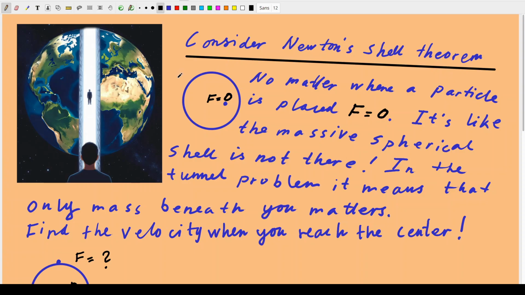one simple way is to use Newton's shell theorem, which states that suppose we have a massive spherical shell and you would like to know the force for a particle inside the shell, the blue one here. When you add all the gravitational interactions between the particle and the small mass elements, we can do that by integrating.